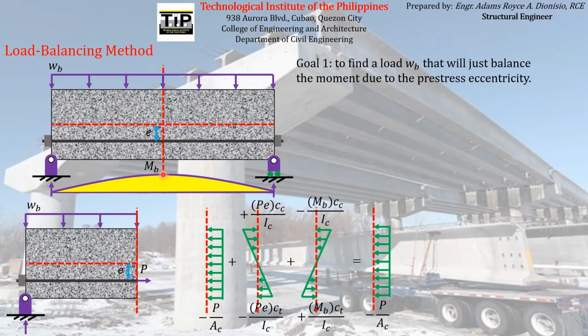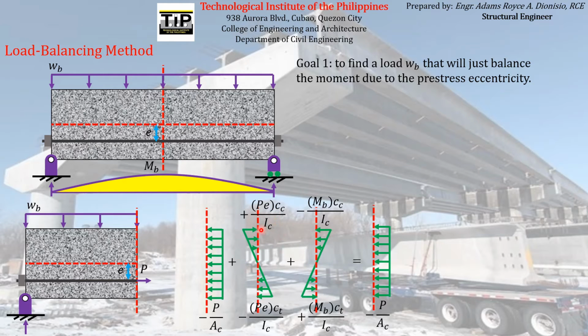And since the magnitude of bending moment at midspan just equals PE, therefore we can say that the bending moment here can't balance the eccentric moment coming from the pre-stress force acting at this particular section. So we fail to have a uniform stress acting on this particular section, since the moment acting on that section, which is this, is not equal to this.